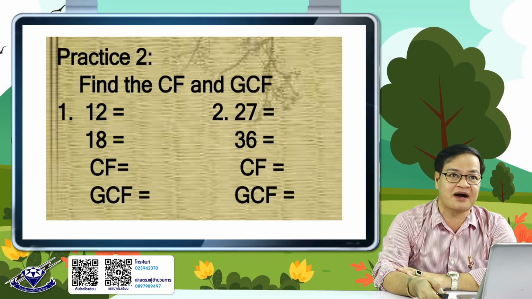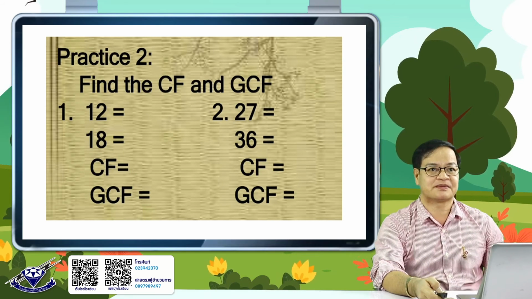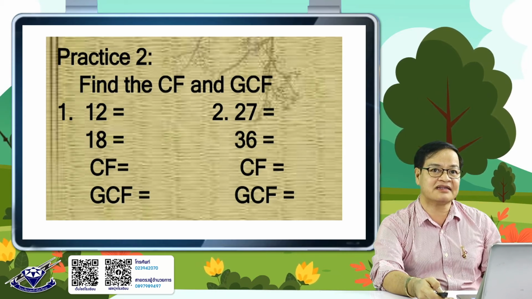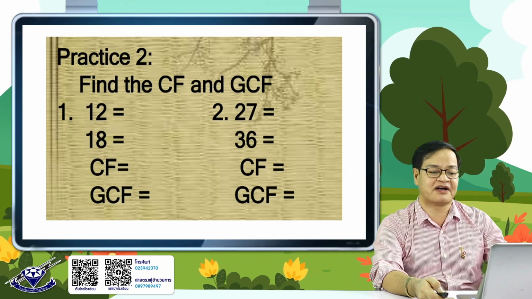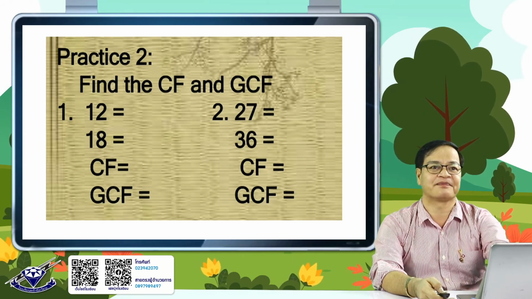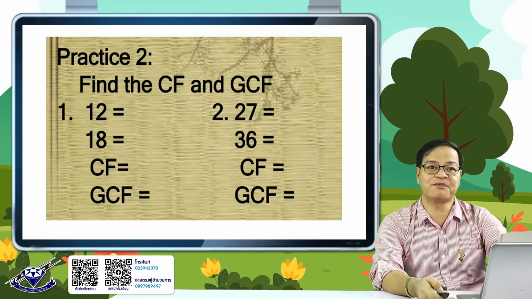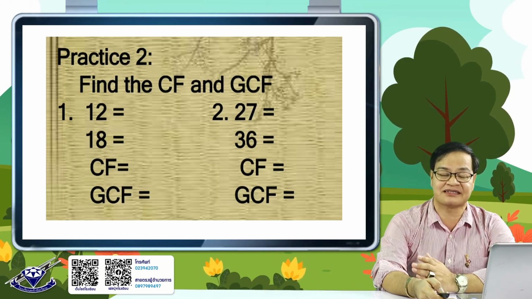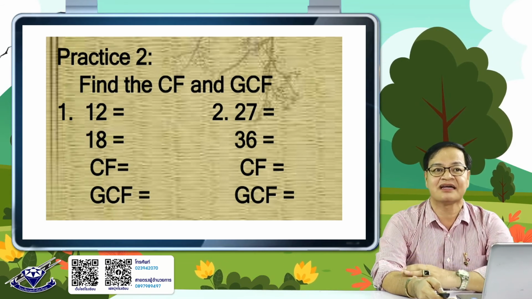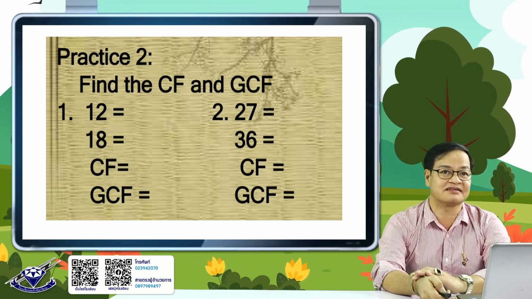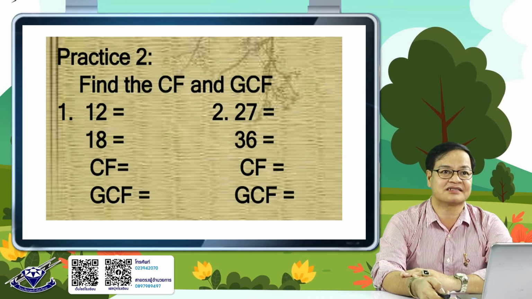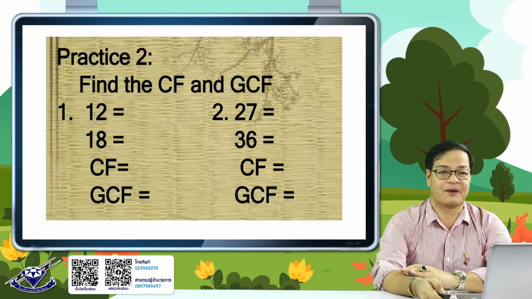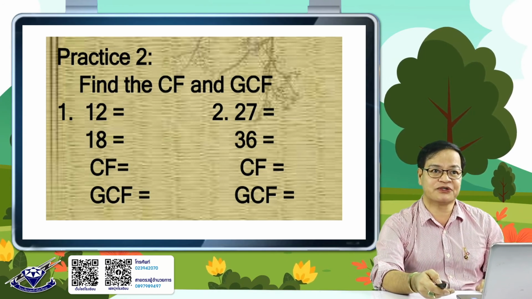You do this one, practice 2. You need to find the common factors and the greatest common factors. I hope you will enjoy doing the exercises. You need to practice and develop your skills in mathematics, especially with this lesson.